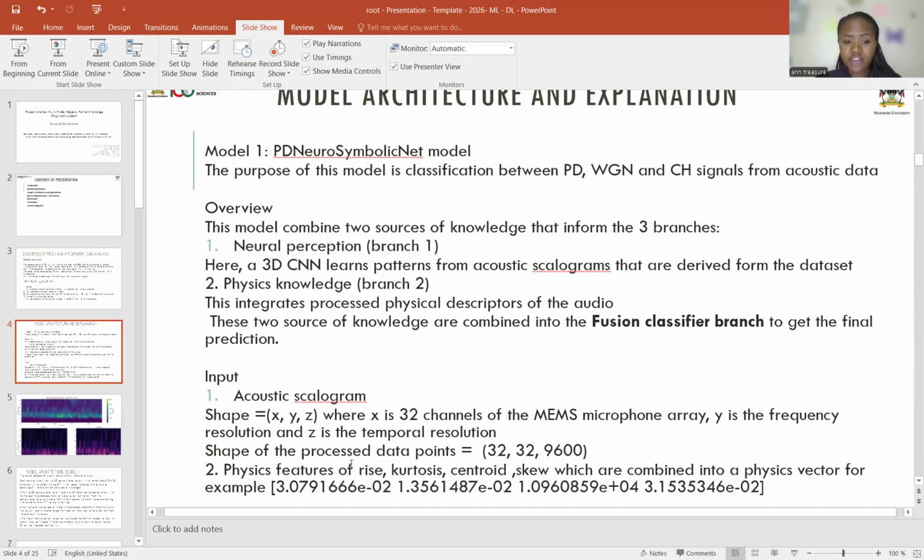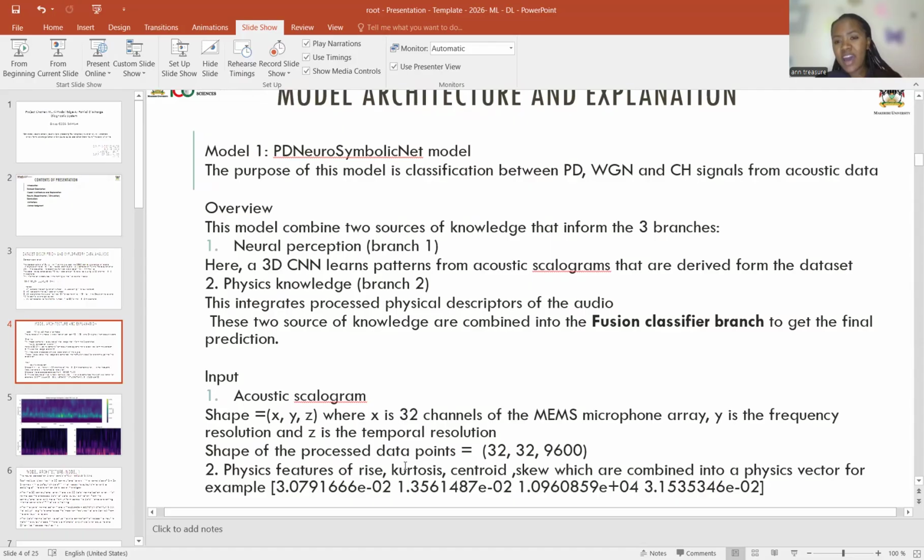The physics features that were incorporated into this model included the rise. The rise is how high the signal rises. The kurtosis is the different peaks, the rate at which the signal changes, which means how many peaks a signal has.